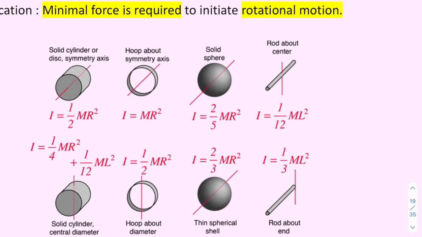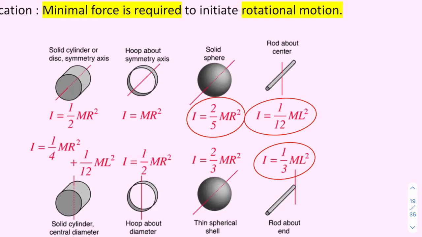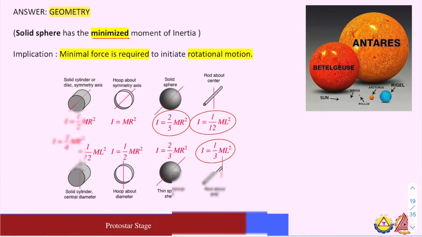So, a rod-shaped star will have a moment of inertia which is 1/3 ml squared. If ipatuyok nimo siya sa center, 1/12 ml squared. But among all of these geometries, ang imong solid nga sphere, mao ang pinakagamay ang moment of inertia, 2/5 mr squared.